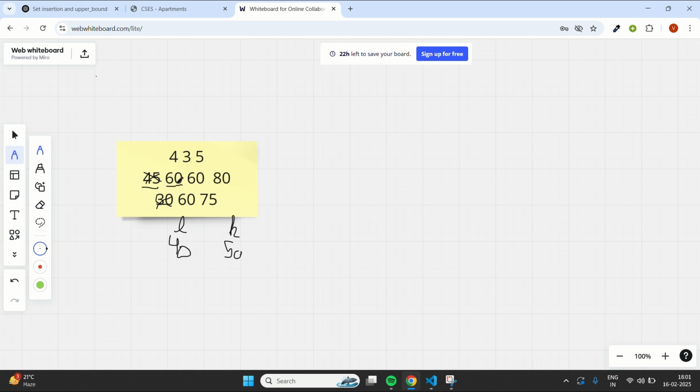the same apartment number 2 to customer number 2. Can we allocate apartment number 2 to customer number 2? Yes, because he is asking for size 60. That means he is asking for size in range 55 to 65, and the apartment size is 60.